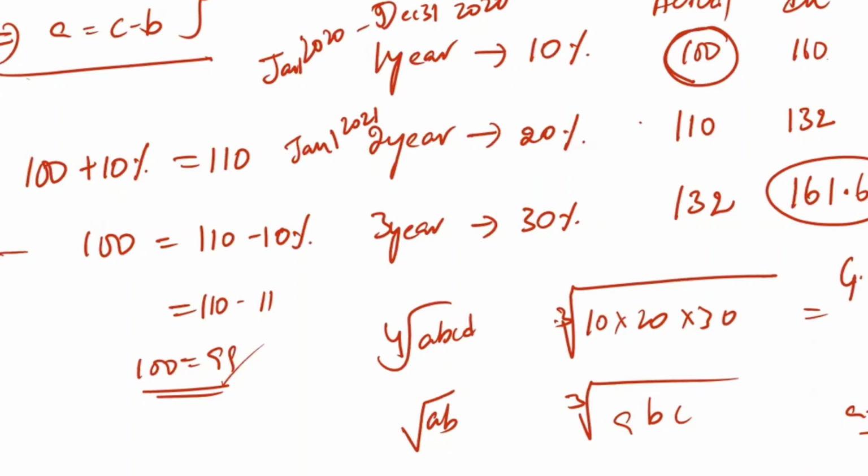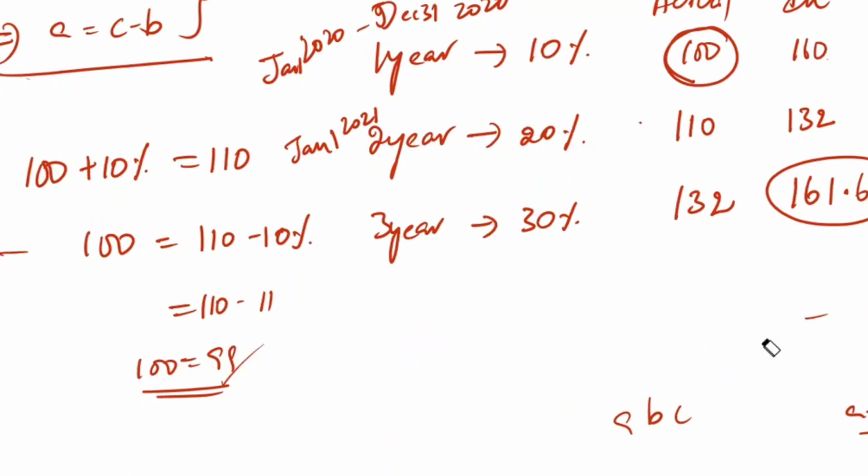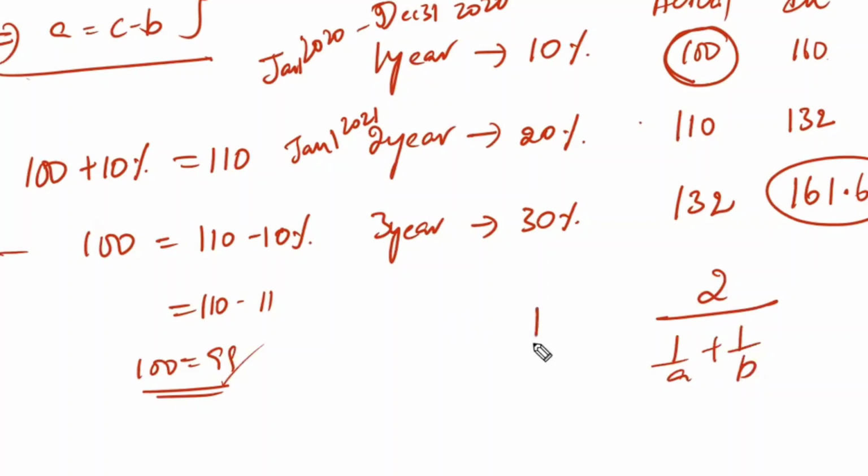Similarly, with respect to the F1 score, the F1 score is the harmonic mean. What is meant by harmonic mean? 2 divided by 1 by A plus 1 by B. This is called the harmonic mean, which is equal to 2 divided by (A plus B) divided by AB, which is equal to 2AB divided by A plus B. The F1 score works on the harmonic mean of precision and recall.